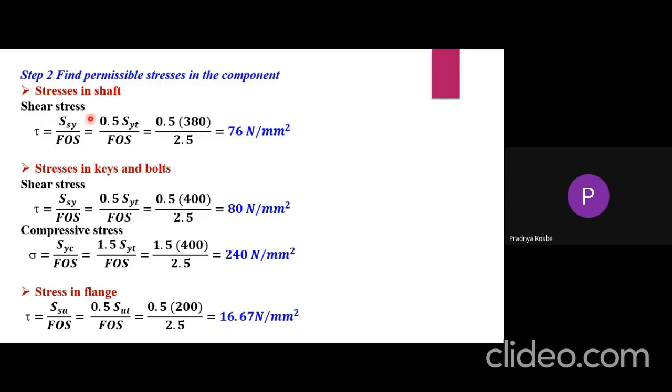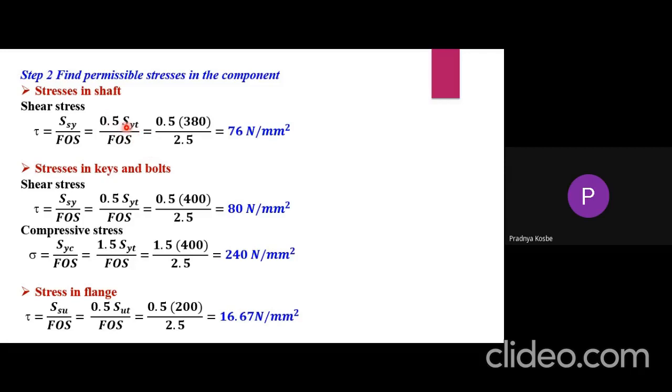In the shaft, shear stress will develop. So tau is equal to the shear strength under yield, that is SSY, divided by factor of safety. It is 0.5 times SYT divided by factor of safety, as SSY is 0.5 of SYT.